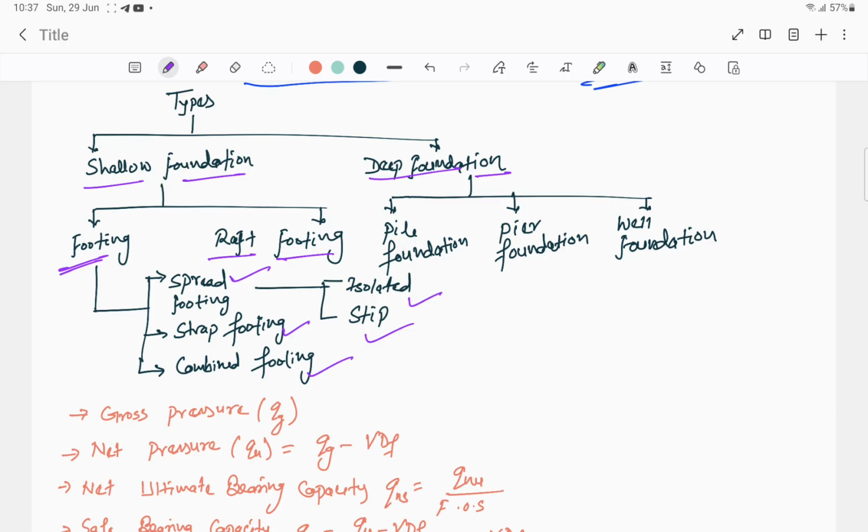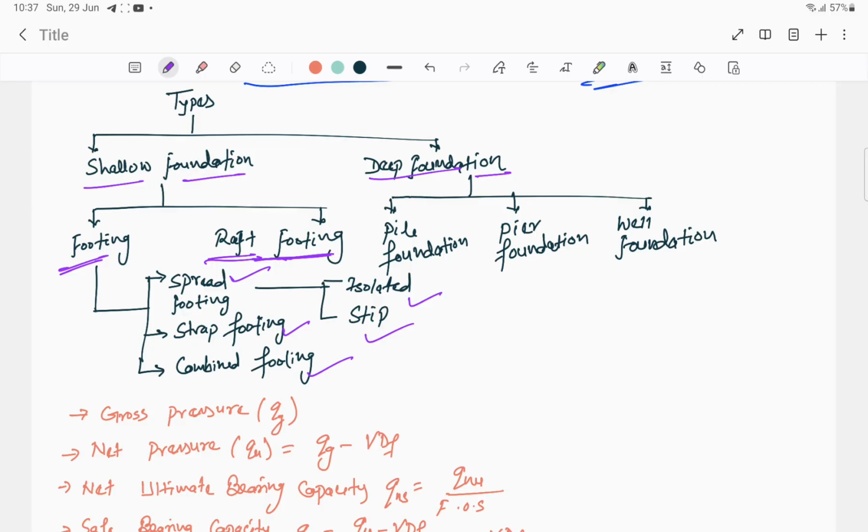And if the soil is very loose, like clay soil, meaning the bearing capacity of the soil is very weak, at that time instead of an ordinary shallow foundation we can use a raft foundation. Under shallow foundation we can use this raft footing when the bearing capacity of the soil is very less.